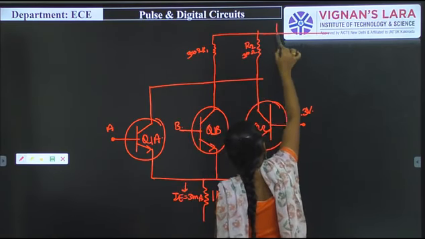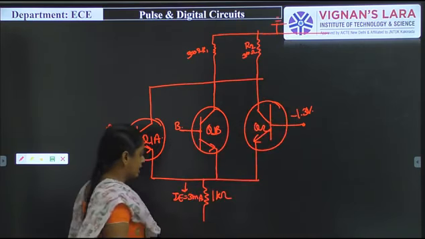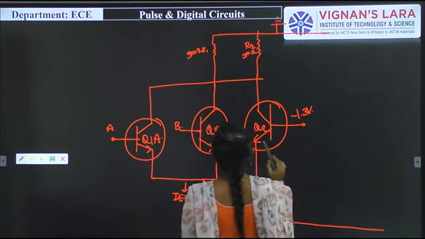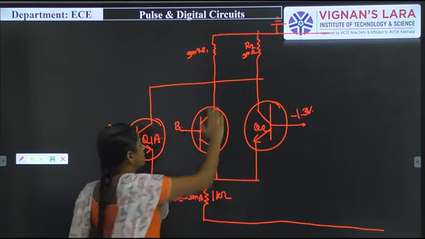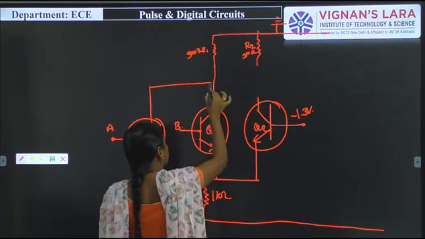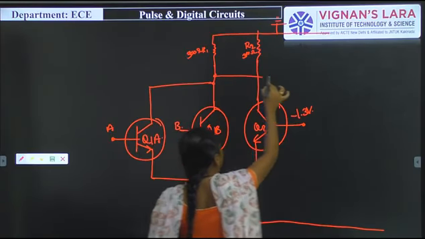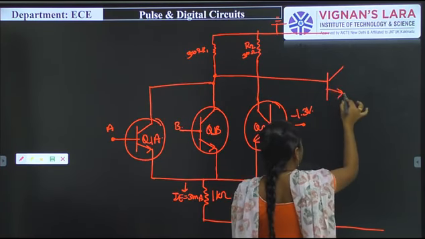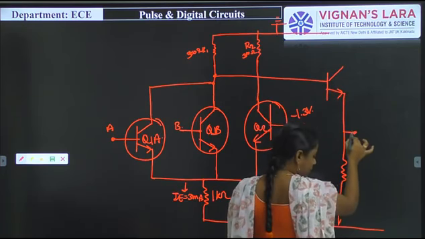Here I am using a negative supply, which is connected to the ground, and this one will be connected to a minus 5.2 volt supply. The outputs of these two transistors will be connected with each other, and the output of this is given to the base terminal of the first transistor, that is Q3. Here this one is the output.